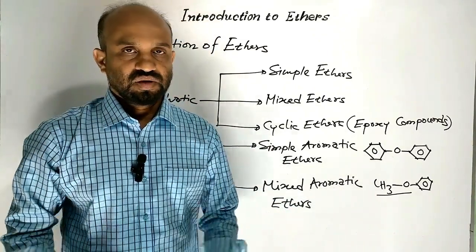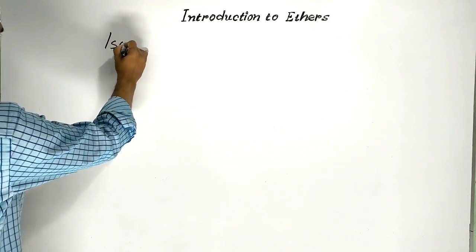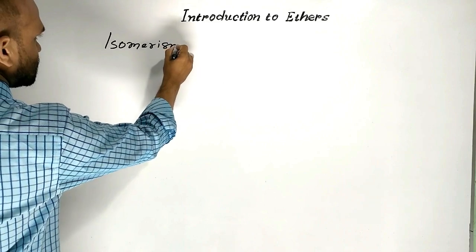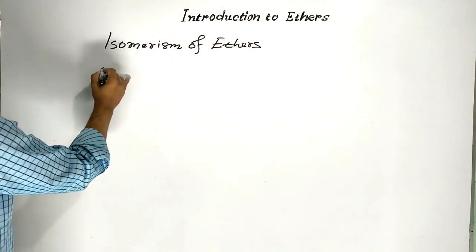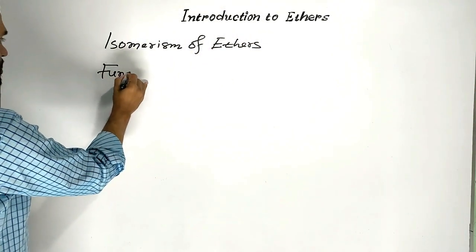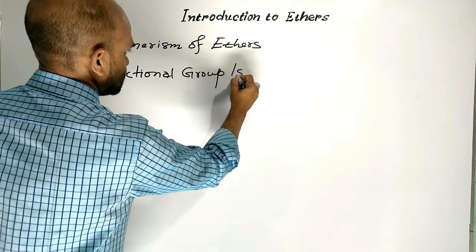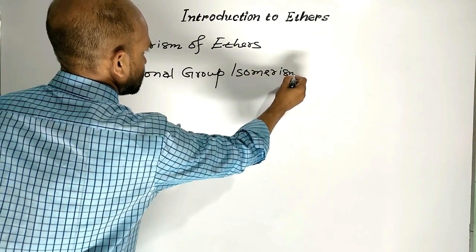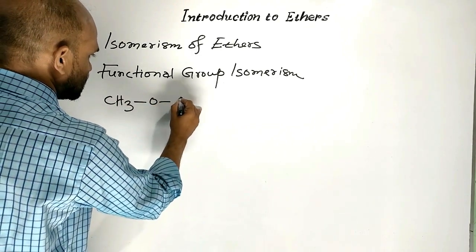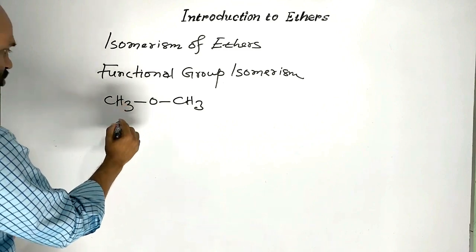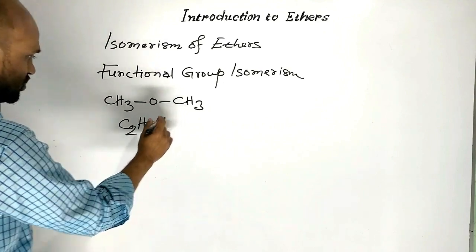Classification of ethers. Now let us see isomerism of ethers. Ethers show functional group isomerism. For example, dimethyl ether. Its molecular formula is C2H6O.